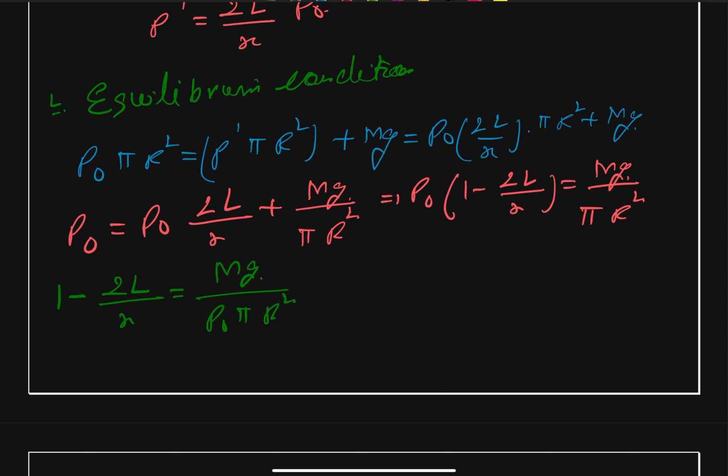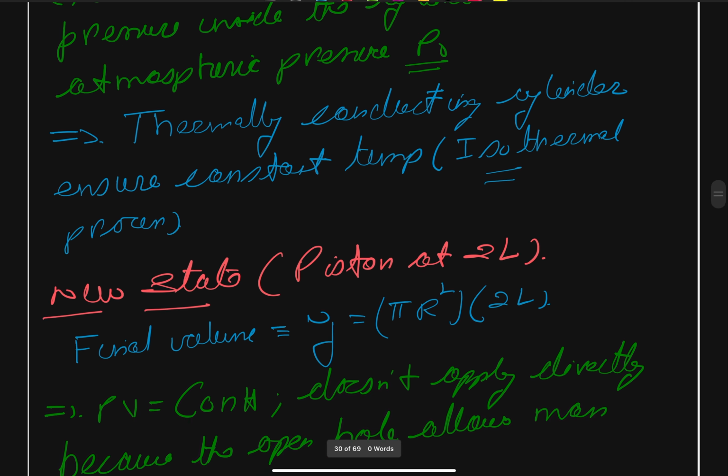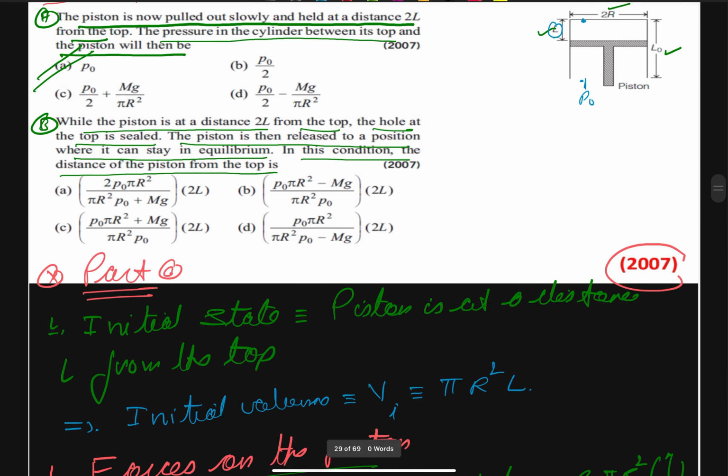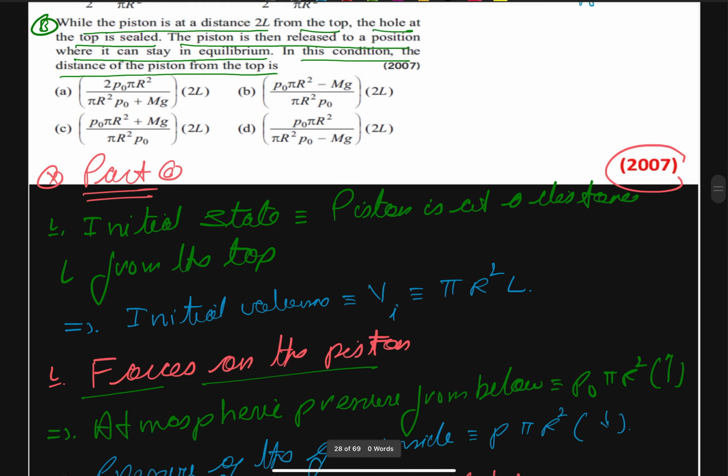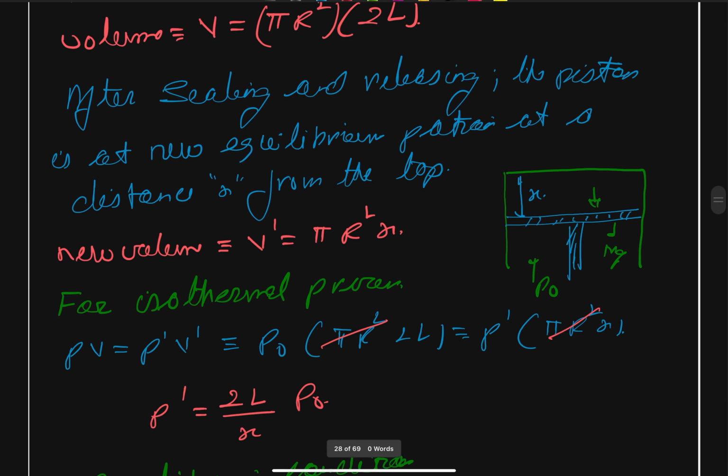So we can say that our x will be equal to 2L times 1 minus mg upon pi r square P naught. And okay, we can just take the LCM and move everything into the numerator.